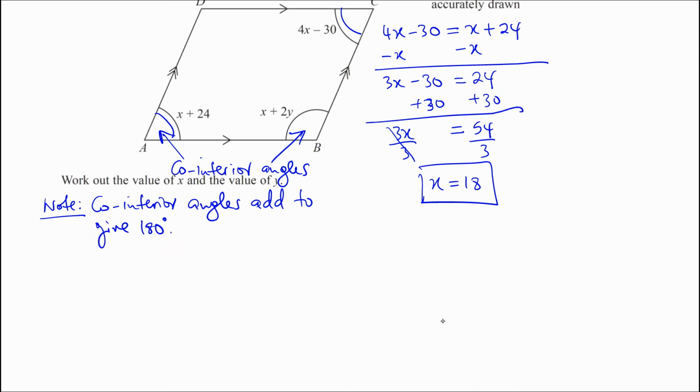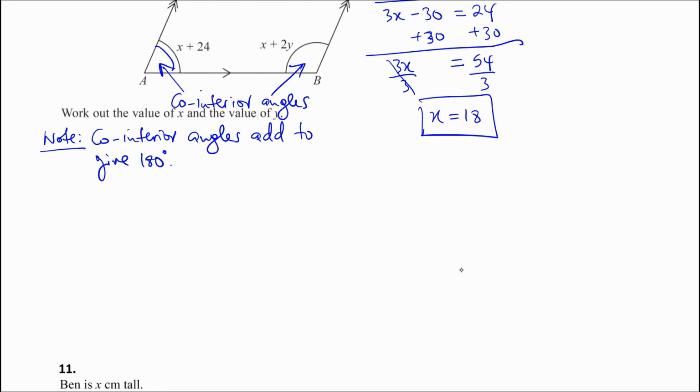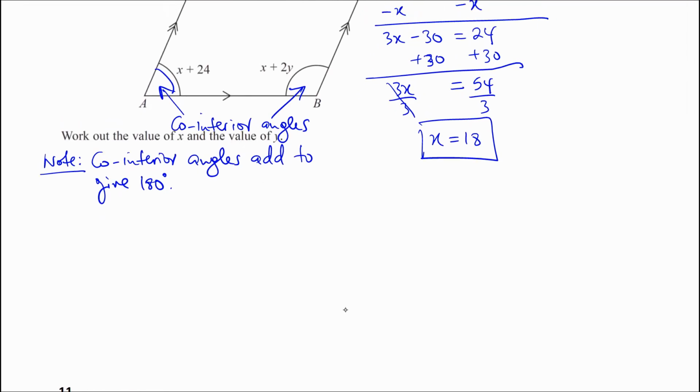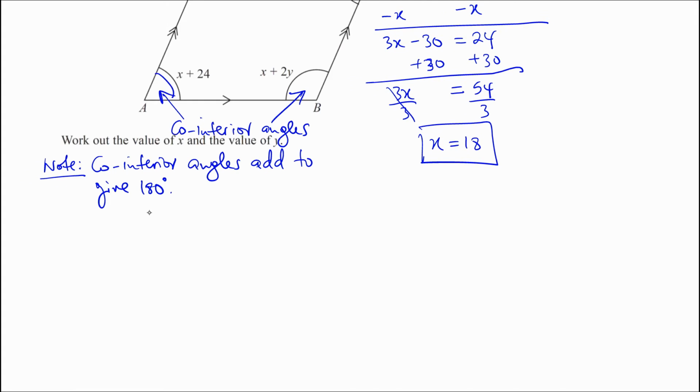So we are going to use that idea to form an equation. We know that x plus 24 plus x plus 2y will be equal to 180 degrees. But we know the value of x is 18, so 18 plus 24 plus 18 plus 2y is 180 degrees.